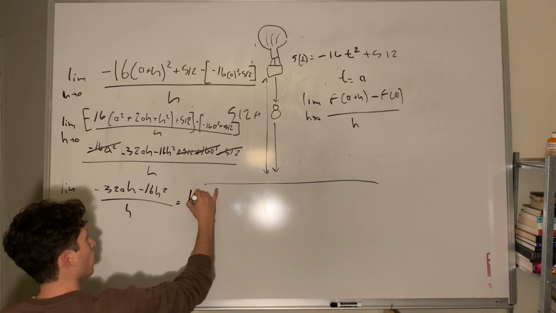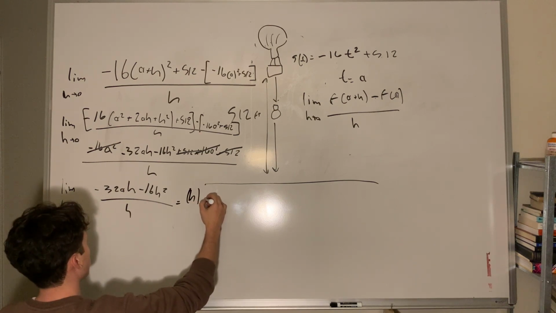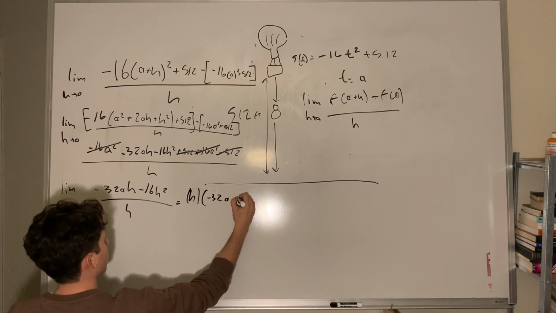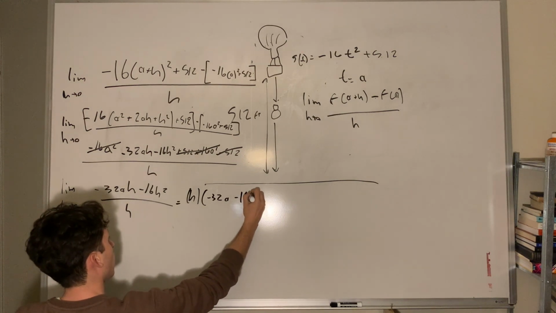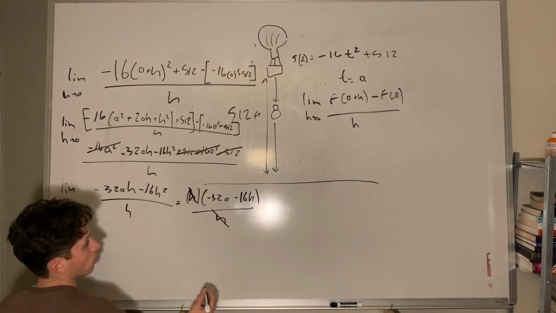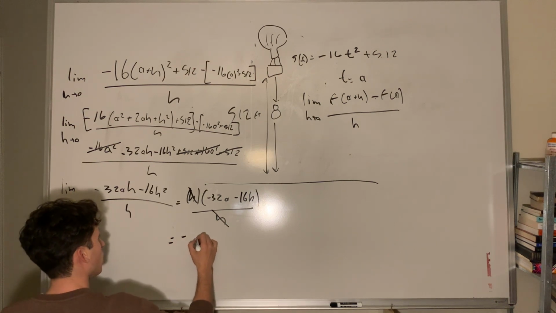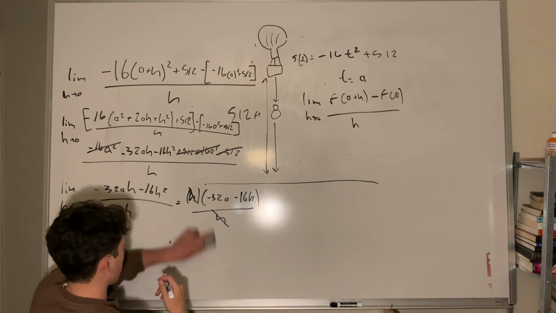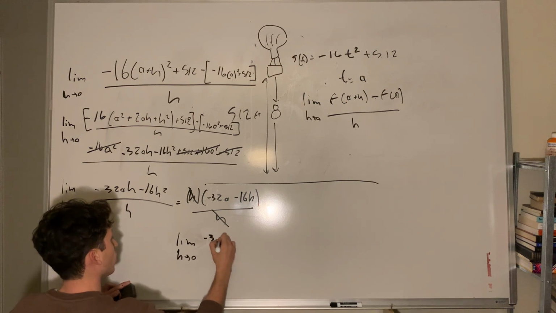So if we factor h from the numerator, we get the following. Which means that we can cancel this, and finally we obtain the limit as h approaches 0 of minus 32a.